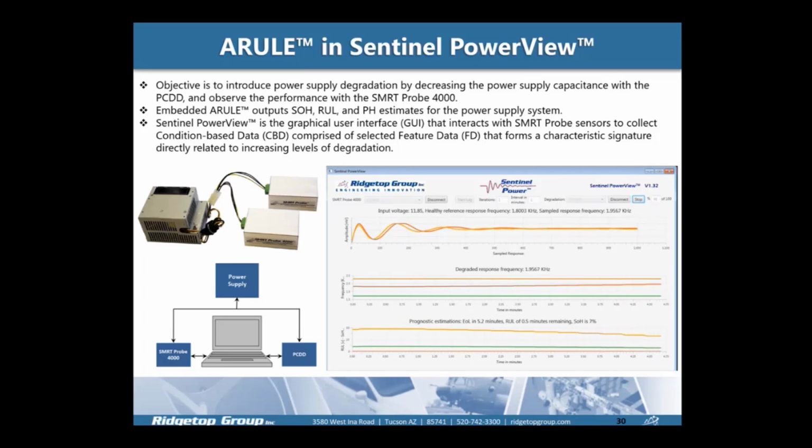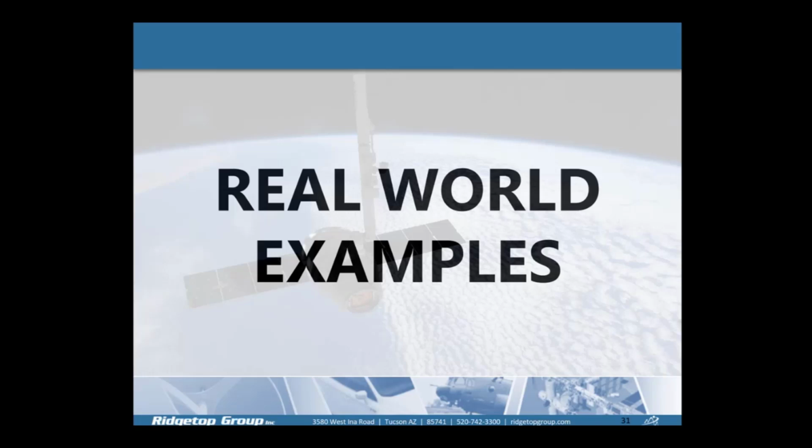Now we'll move on to some real world examples and see where ARULE was used for different applications. Next. First one is our very own XFD4 example that comes with the ARULE GUI.